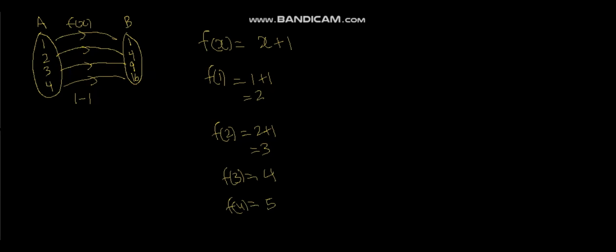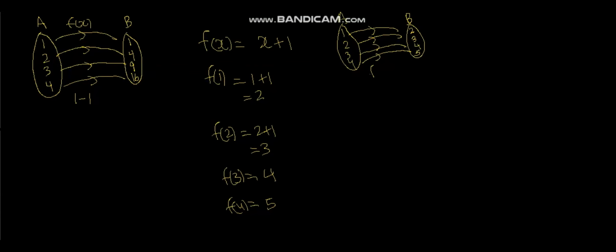So to illustrate the mapping of the input values 1, 2, 3, 4 and the corresponding outputs denoted by set B, 2, 3, 4, 5, it is still a one-to-one function, meaning one input corresponds to one output.